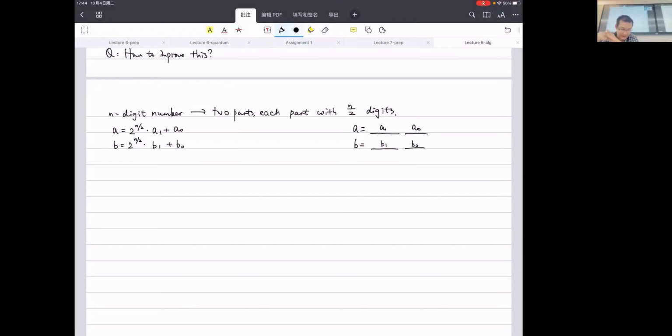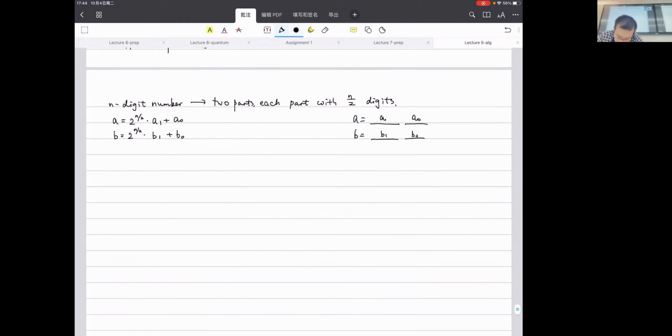If you want to consider divide and conquer here, let's take a look. We know that a equals this and b equals this. So what is their multiplication? It is going to be a times b. Let's do a very quick calculation.